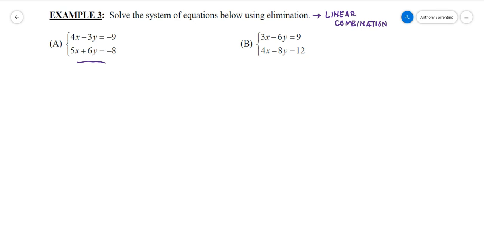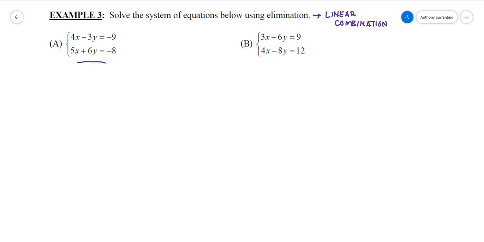Ideally, what I want to be able to do is add the two equations together, combine the two equations, and have one of the variables disappear, cancel out, go away. So I can do some manipulation of this to make that happen. So what I usually have to do is choose a variable that I want to eliminate. And then what I want you to do eventually is get the same number in front of that variable, but have different signs.